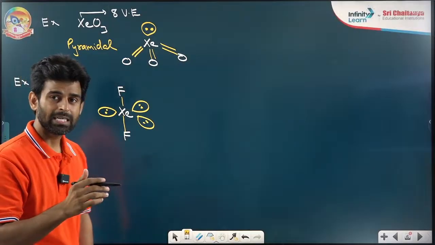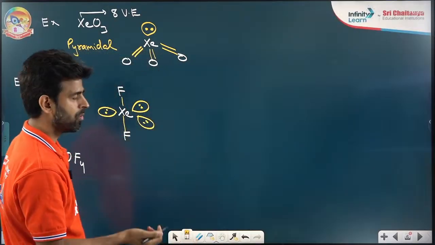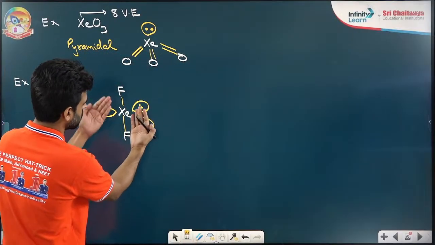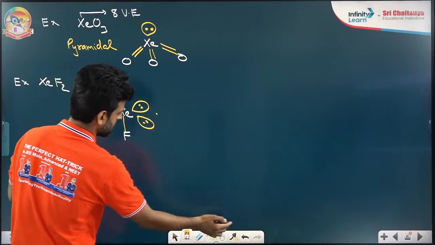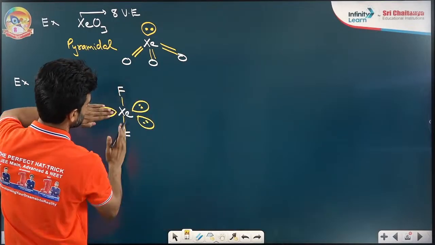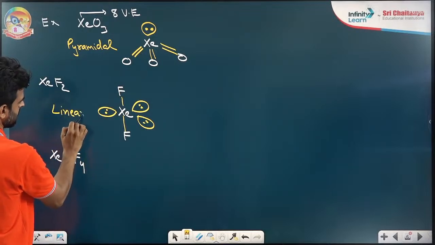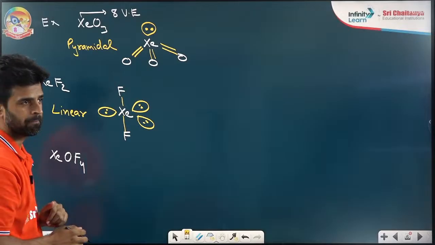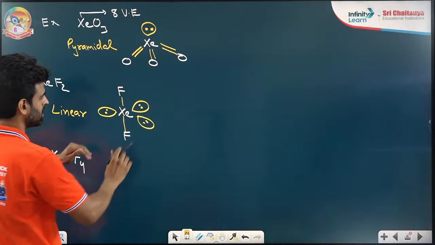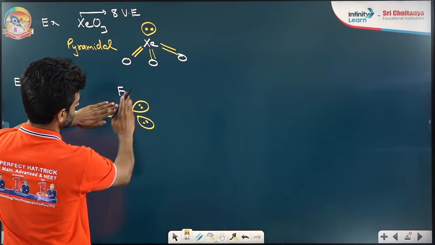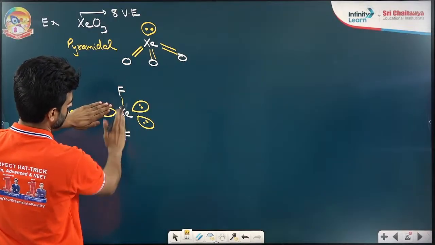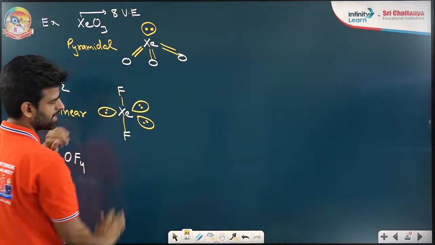Remember, when we are talking about the shape, we don't look at the lone pair, we look at the bonds only, right? Look at this. It is what? Linear. It is linear, right? When we talk about the shape, we just see the atoms or bonds. Clear, bacha?